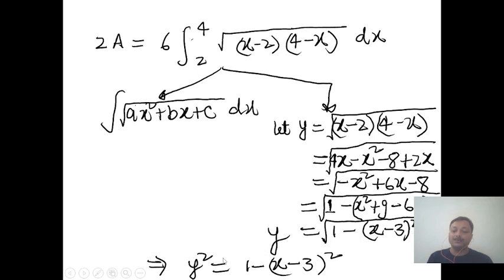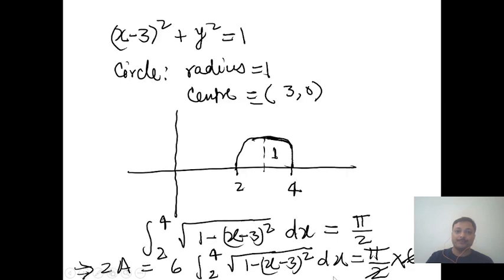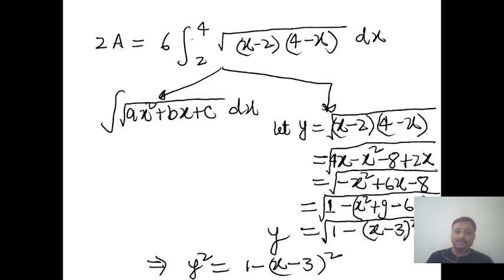See, if you square this, y square is equal to 1 minus (x minus 3) whole square. Now you are getting the equation of a circle, and you know the area of the circle. So once you know the radius, you can calculate this integral very easily. So the approach is this. Now we transpose the term (x minus 3) whole square to the left-hand side. Then you will get (x minus 3) whole square plus y square equal to 1. That's a circle with center (3, 0) and radius 1.